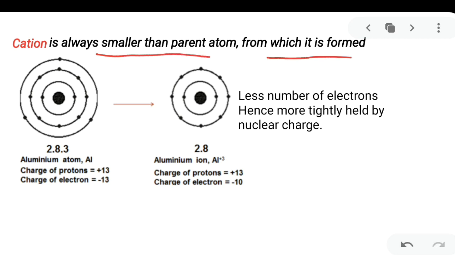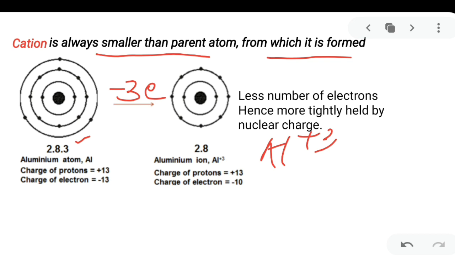Now let us see the aluminium. Aluminium consists of 3 electrons in its outermost shell. When the aluminium loses the 3 electrons, it forms Al+3 ion. In the Al+3 ion, now the electronic configuration is 2,8. Now number of electrons decreases.